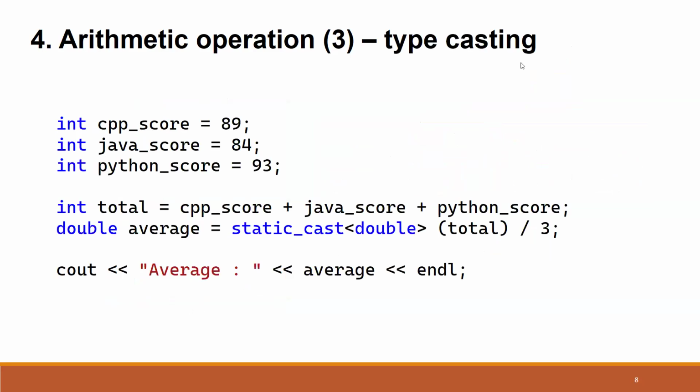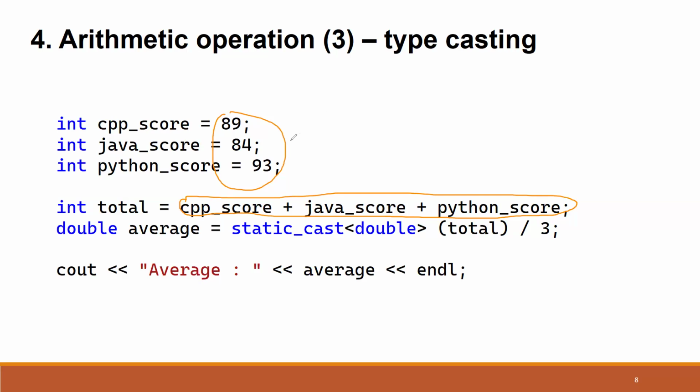Here is the static cast. Guys, look at this one. I add all 3 numbers: 89, 84, 93.